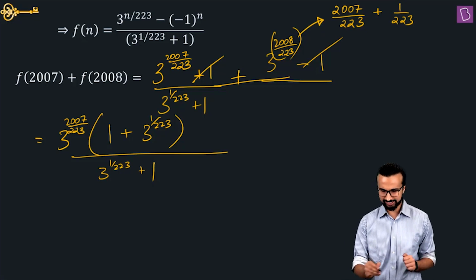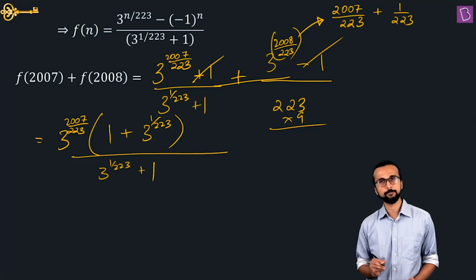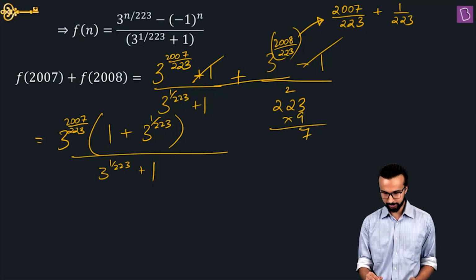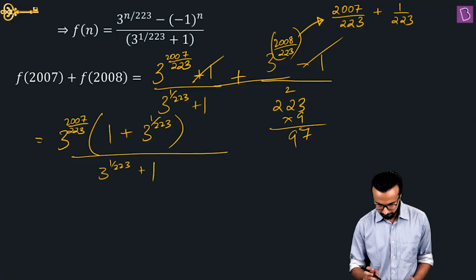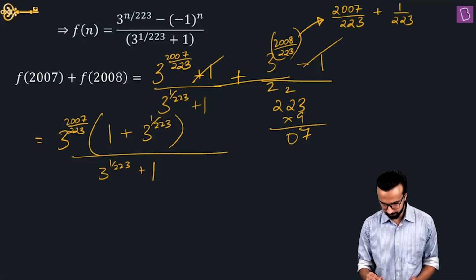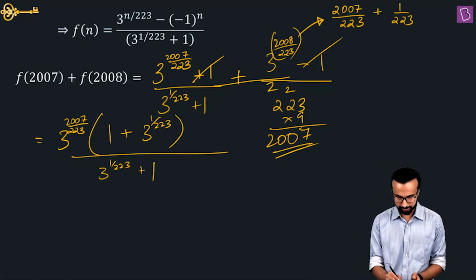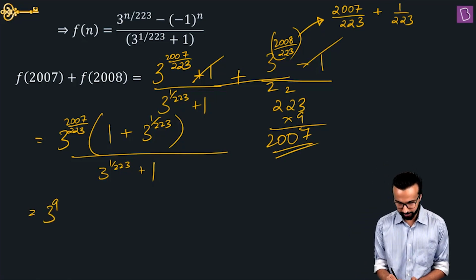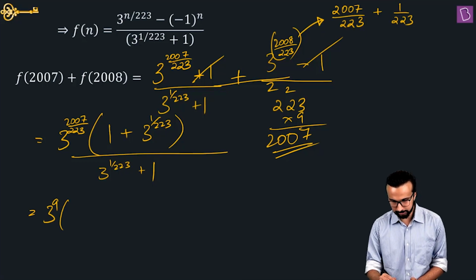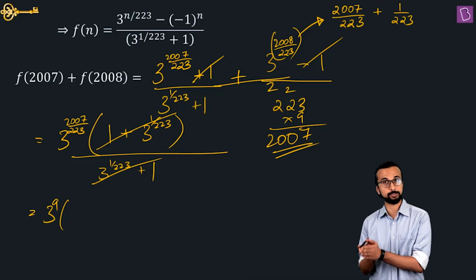Now, 2007 by 223. What is 223 into 9? 223 into 9 is 2007. Alright. So here we can apply this. This becomes 3 power 9 into 1 plus 3 power 1 by 223, over 3 power 1 by 223 plus 1.